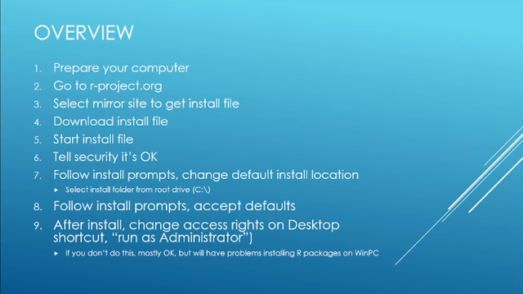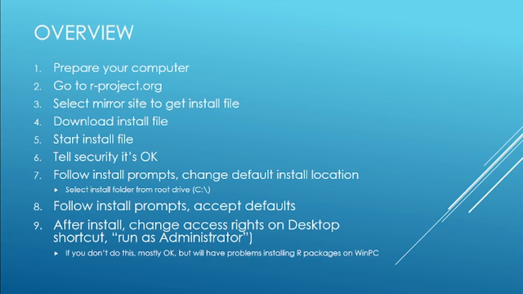What will happen at that point is that Windows is going to start freaking out a little bit, because you are trying to install software that doesn't come through the Microsoft App Store, right? And so tell the security it's okay. Follow the installation prompts, except for this one thing.